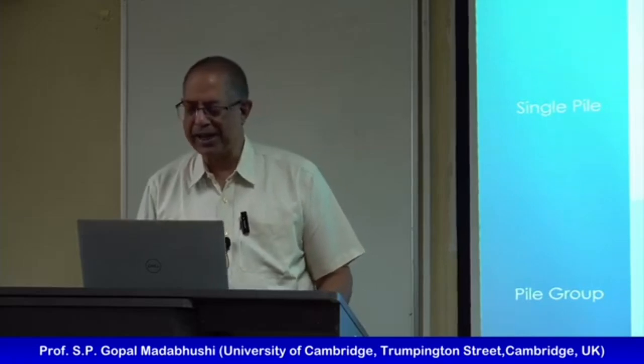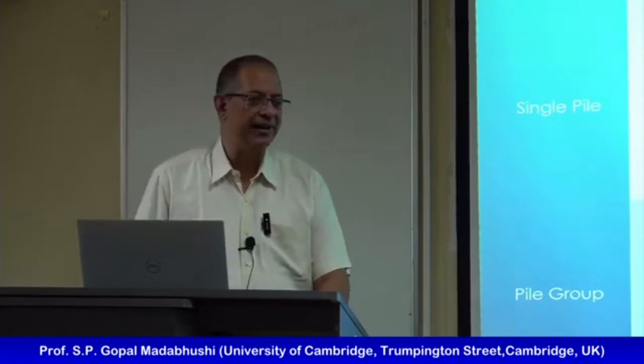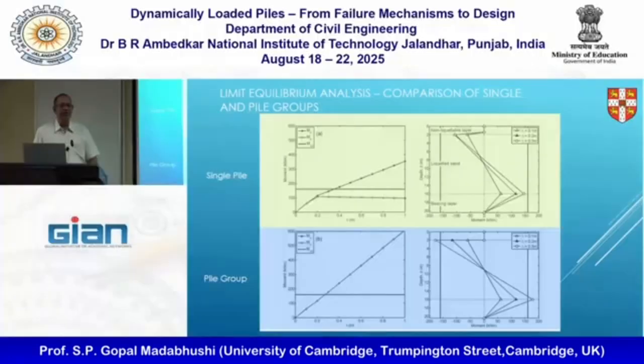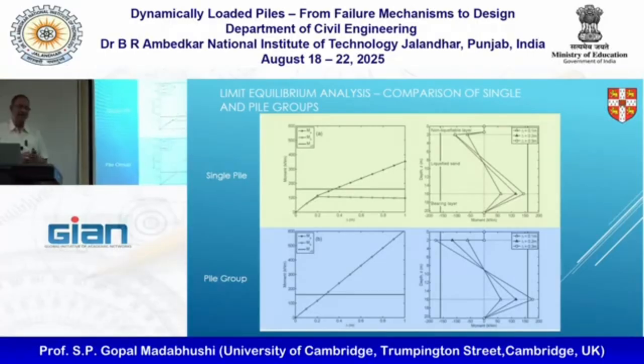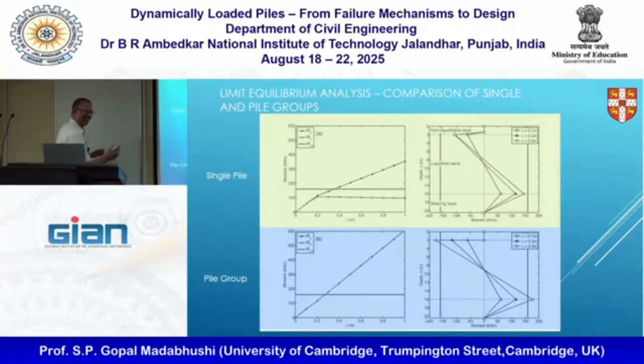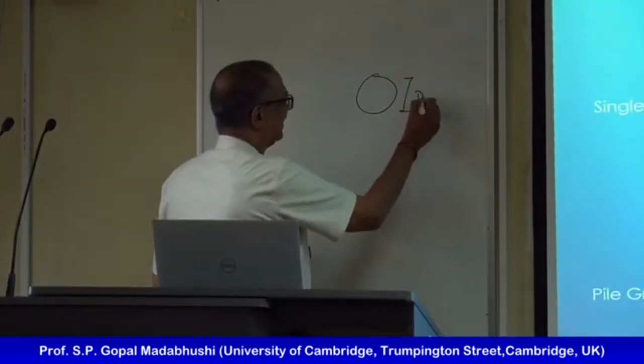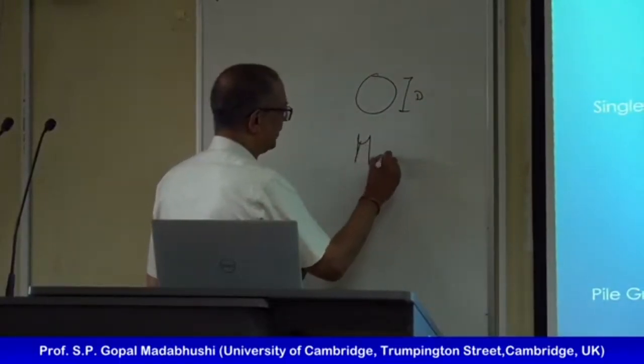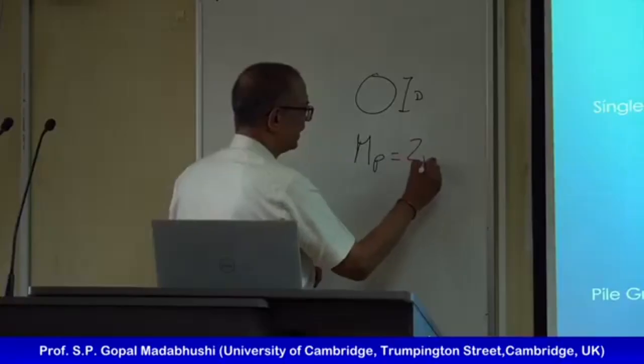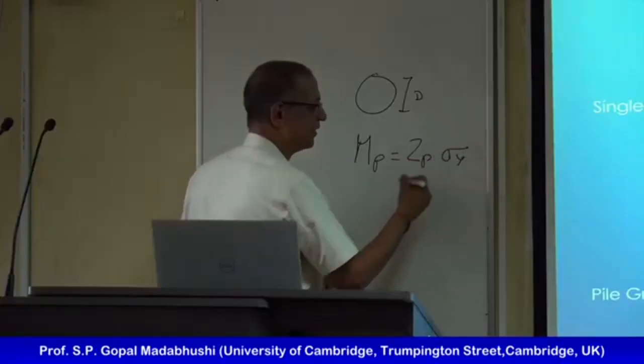Now, all this looks great, but as I said, all we have done there is mechanics again. But those mechanics are underpinned by the structural section. For a circular section of diameter D, MP is going to be ZP times yield stress.